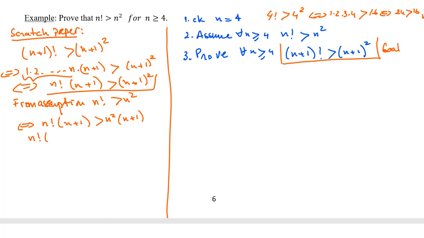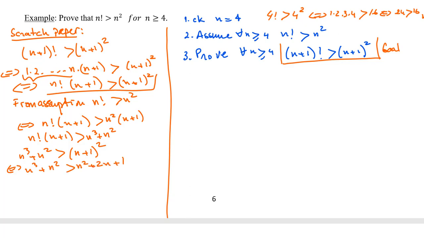This is n factorial times n plus 1 greater than n to the third plus n squared. So now the question is, is n to the third plus n squared greater than n plus 1 quantity squared? Meaning, is n to the third plus n squared greater than n squared plus 2n plus 1?